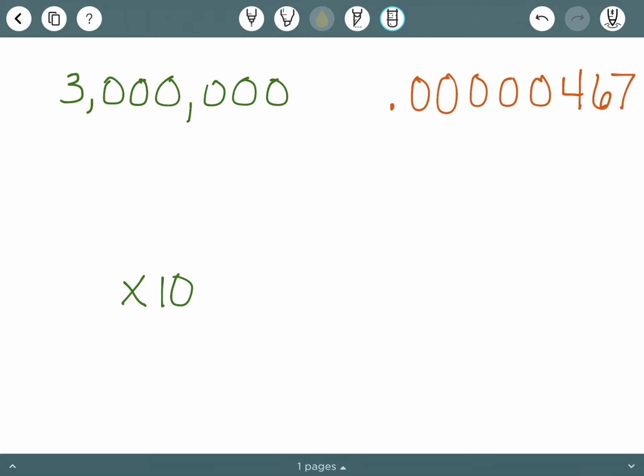So what we want to do is, if we look at this number, our 3 million here, we know if we were to put a decimal on it, the decimal would happen at the end. Okay? So we want to move this decimal back until we get a leading digit that is greater than 1, but less than 10. All right, so see if I put my decimal right here, that wouldn't work because I would have 300. So we've got to keep going. Would it work here? Nope, we have 30. What about here?